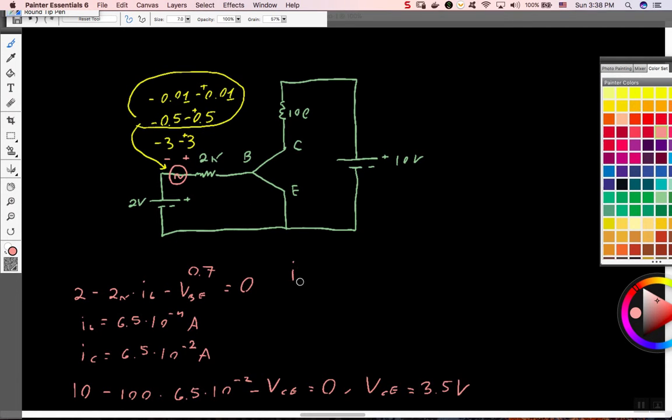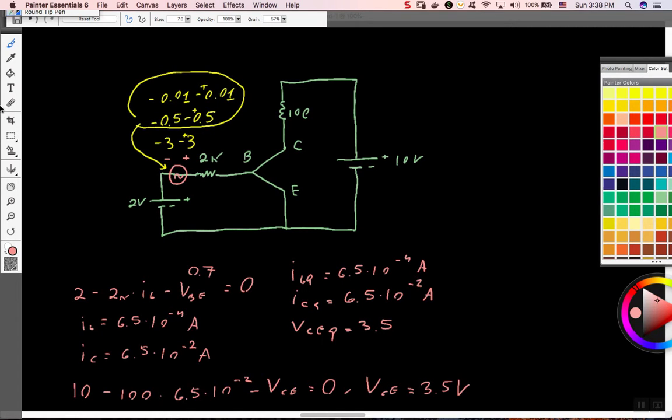So we can say that IBQ, Q stands for the quiescent point, is 6.5 10 to the minus 4. ICQ is 6.5 10 to the minus 2. And VCEQ is 3.5 volts.